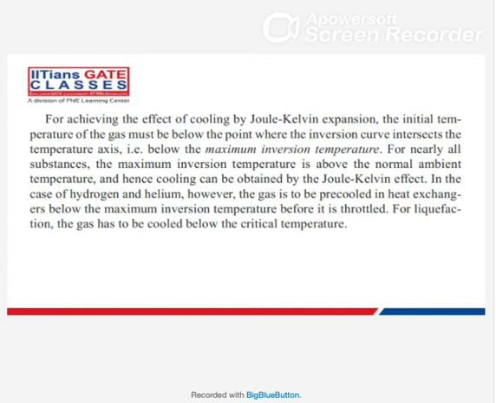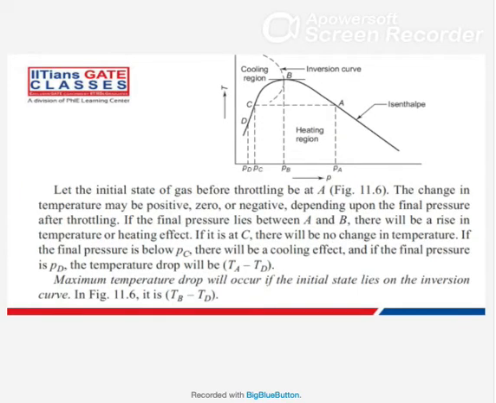Now this thing I will explain in the next slide with a graph. What was there in the previous slide is that if you want to cool your substance, then it should lie below the maximum inversion temperature.